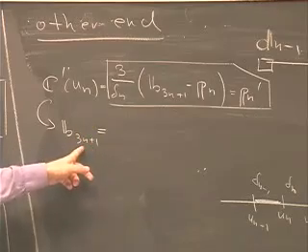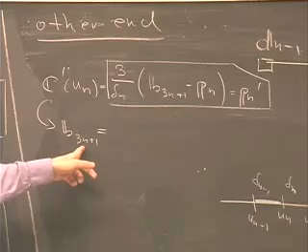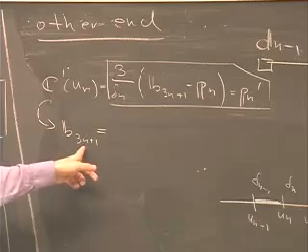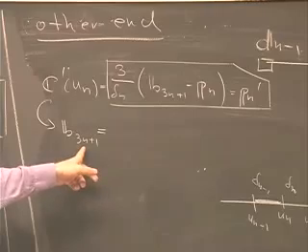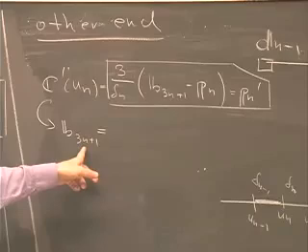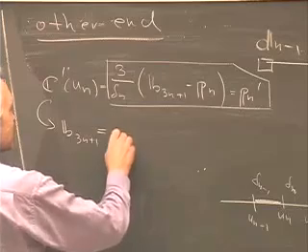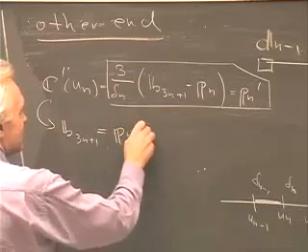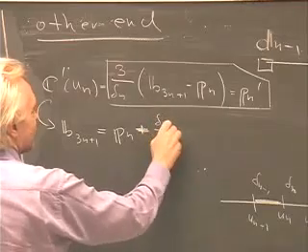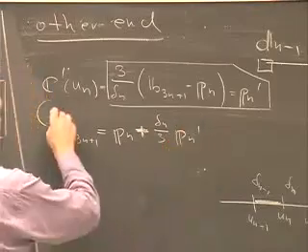This one remains, so that is what? It's Pn plus delta n over 3 times the derivative specified there, Pn prime.